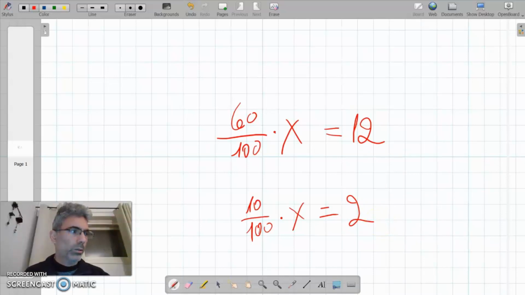Okay, and we need to know how much 40% is, because if we have already 60% and we need to complete it to 100%, it's 2 times 4, which is 8. So 40% is 8 items. We need to know how many items are in the list. So if 10% is 2, it means that 100% is 10 times more, which is 20.